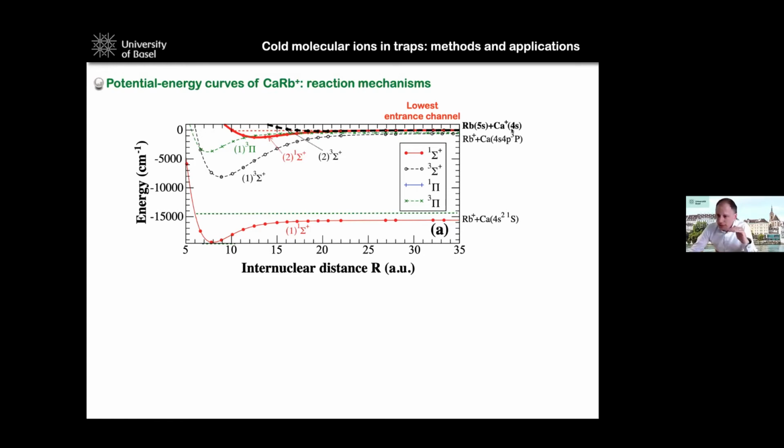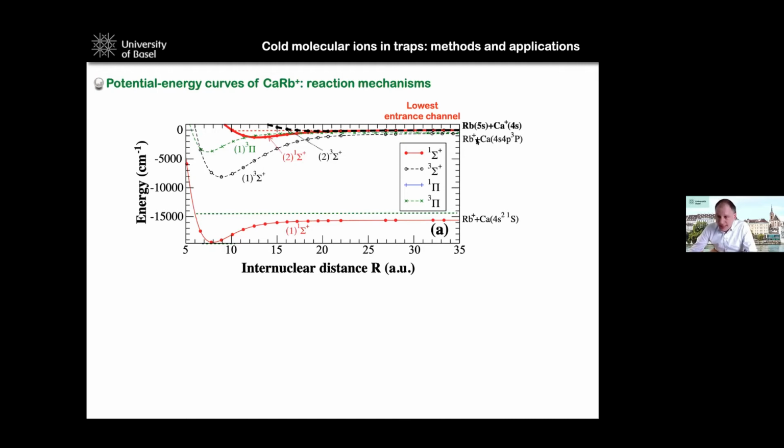So this is the lowest collision channel that we can have if both particles are in the ground state. And associated with that, we have that sort of interaction potential, which is this thick red line. However, what one has to realize is that this here is not the lowest state of the collision system. Rubidium has a lower ionization energy than calcium, right? So this means that there are charge transfer states which have a lower energy than our entrance state here.